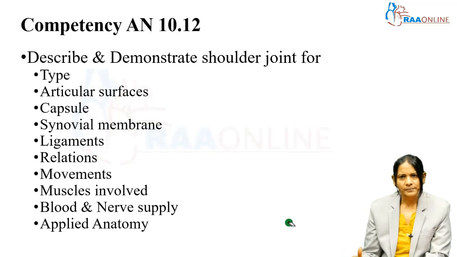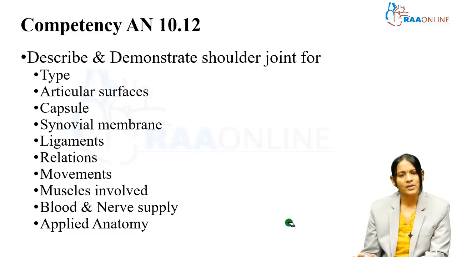Under competency based CBME curriculum, it is covered under 10.12, where the shoulder joint has to be described and demonstrated under these subheadings. These subheadings are common for any joint. What is the type, the articular surfaces, the capsule, the synovial membrane, the ligaments, relations, movements, the muscles involved in the movements, the blood and the nerve supply, and the applied anatomy.